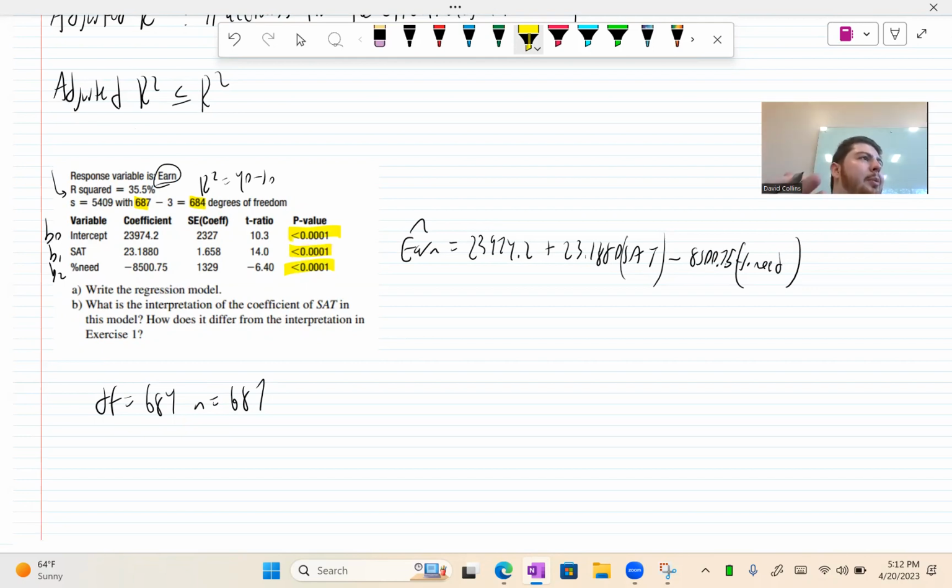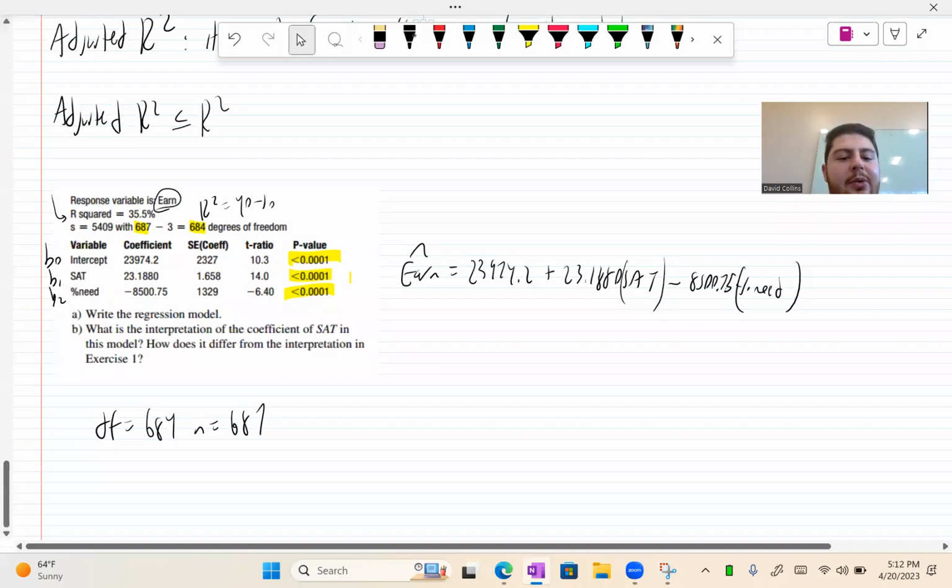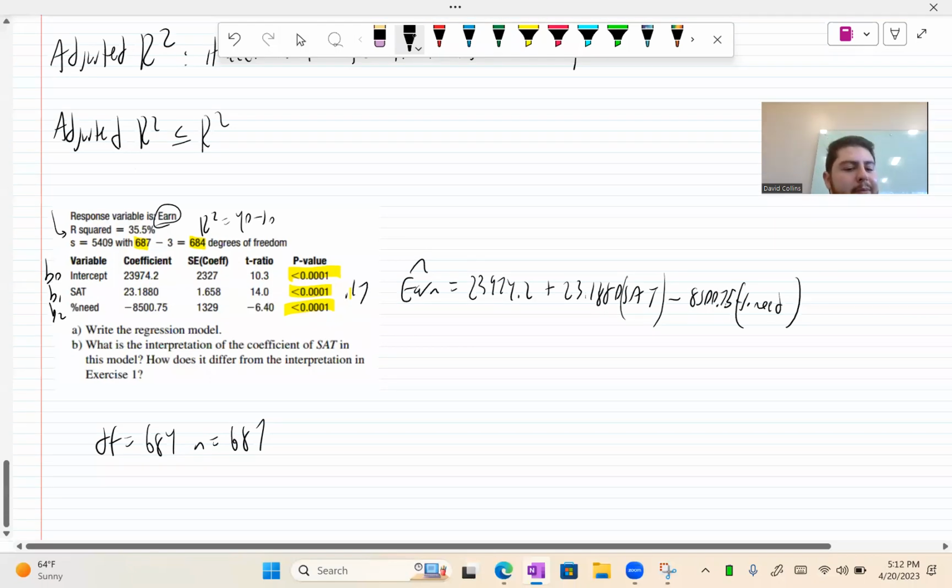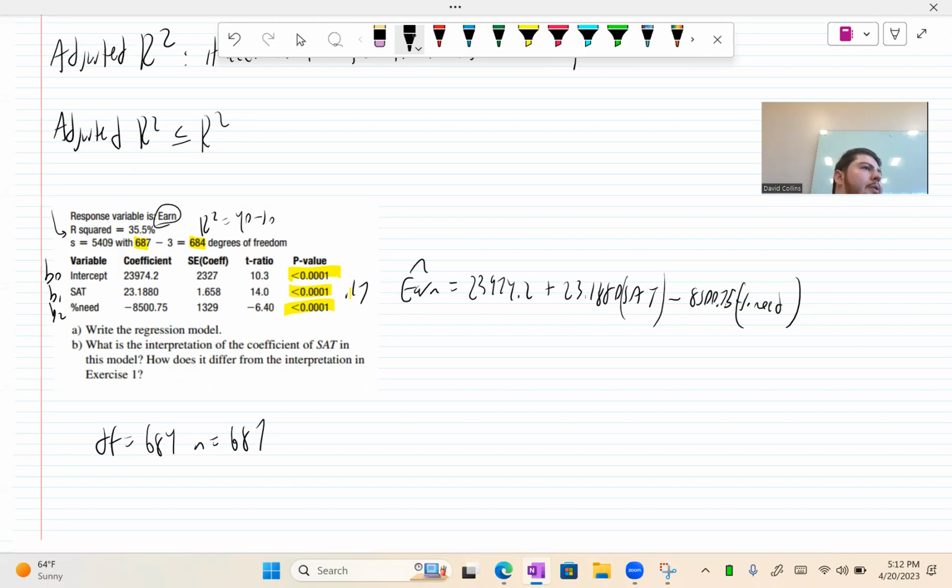So we conclude that we do have slopes. If one of these was a big value, like 0.17, then we'd say we don't need SAT anymore because we'd fail to reject the null hypothesis that the slope is 0. Any questions about that?